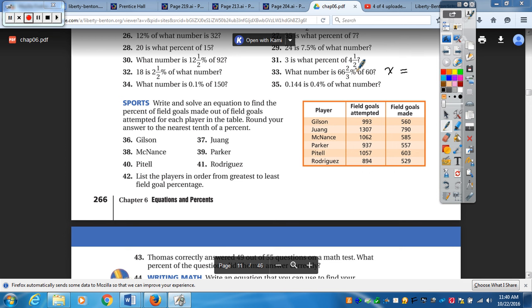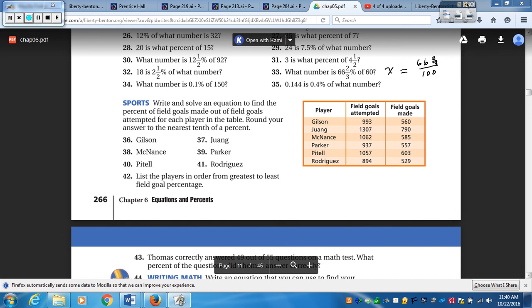I would probably go ahead and do this in my calculator. 66 2/3 of 100. Now, how would I put that in my calculator? Here's how I put it in my calculator. I would do parentheses 66. If you have the ABC button, you'd want to use the ABC button at that time.